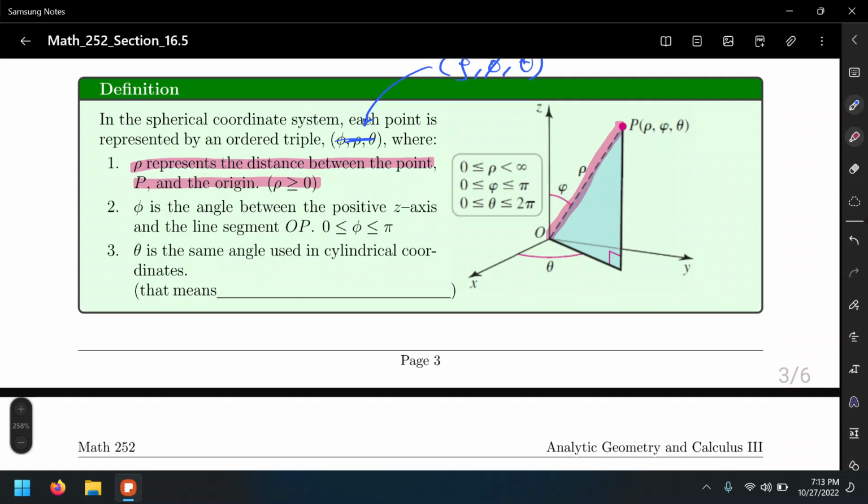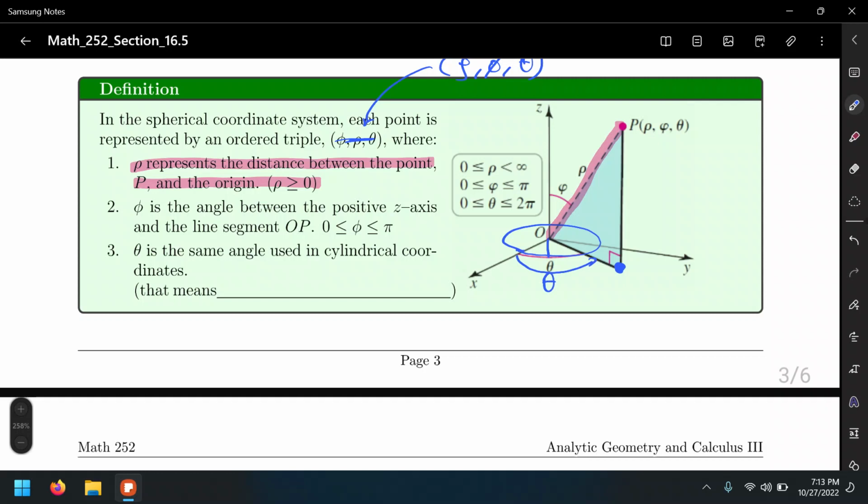It's the angle formed from the positive x-axis and the projection of the point. The point is right here, this is the shadow of the point, so it's this angle right here, theta, which is the projection into two dimensions.